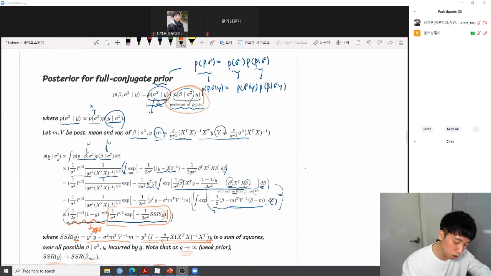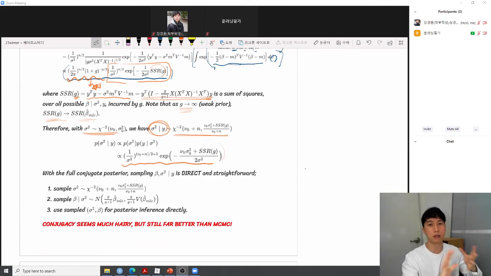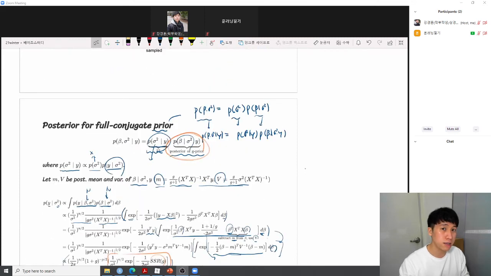So there is no approximation in our sampling strategy right here, as opposed to Gibbs sampling, where we are essentially approximating the full posterior with two full conditional posteriors, right? But in this setting, we actually have the closed form expression of the full posterior.